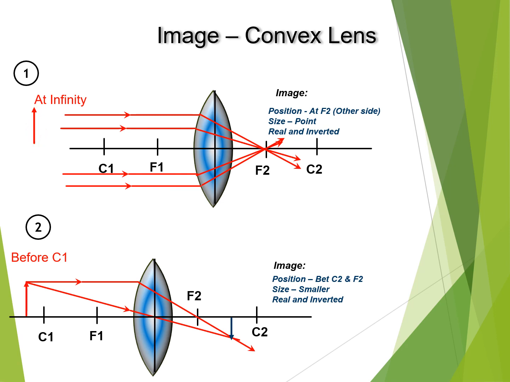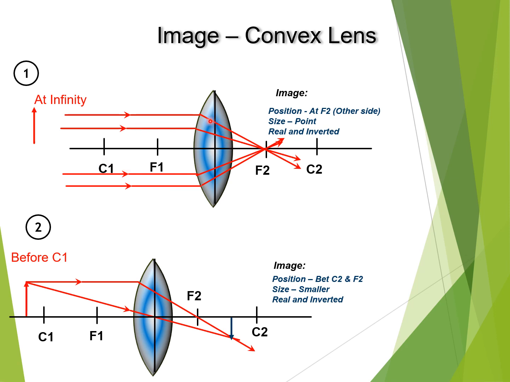As in the case of mirror also, when the object is placed at infinity, then all the incident rays shall be parallel to the principal axis. In this case also, all the rays coming from the object shall be parallel to the principal axis.